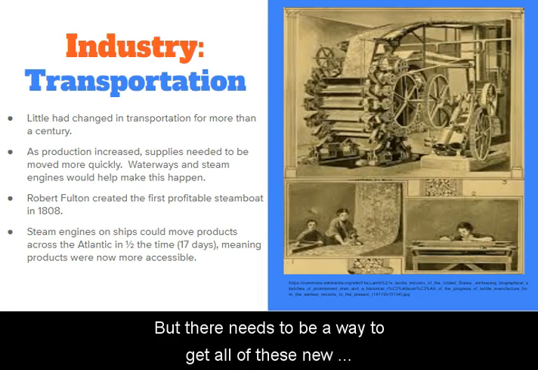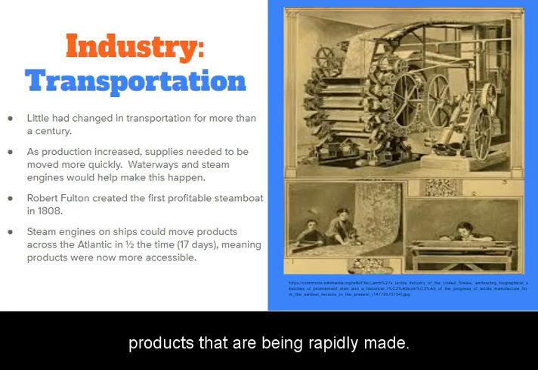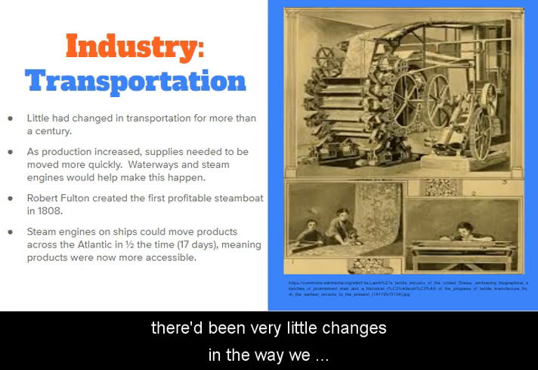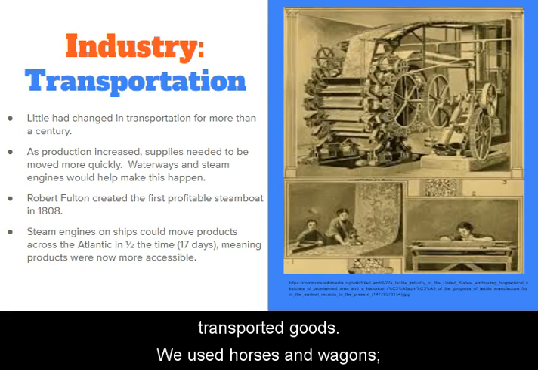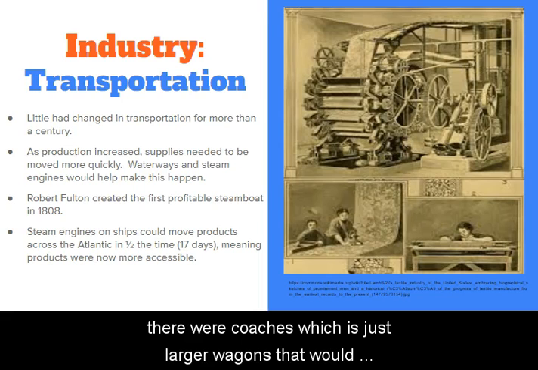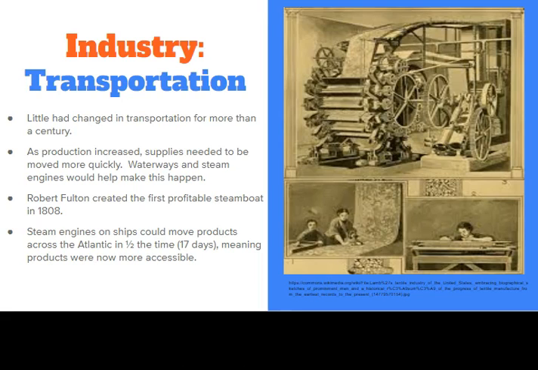But there needs to be a way to get all of these new products that are being rapidly made to the markets in much larger cities. Up till this point, there had been very little change in the way we transported goods. We used horses and wagons. There were coaches, which are just larger wagons that would transport product.